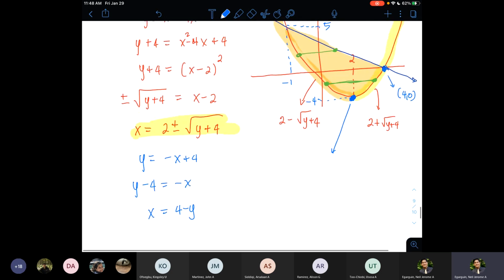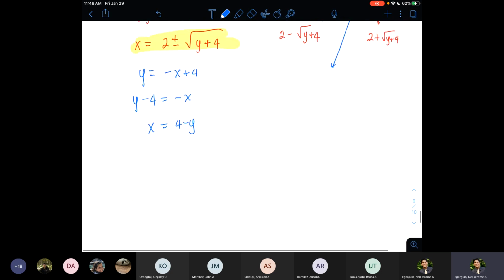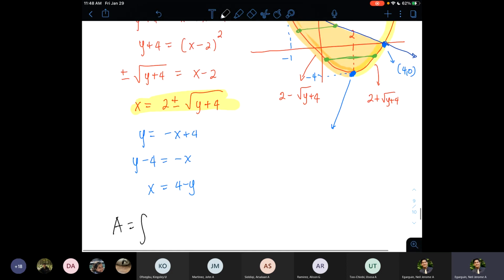So then the integral would be what? We'll start from negative 4, which is over here, until the point that we have a parabola minus parabola. The last would be here, right? Until 0. Starting from y equals negative 4 until y equals 0, we'll have a right parabola minus the left parabola.